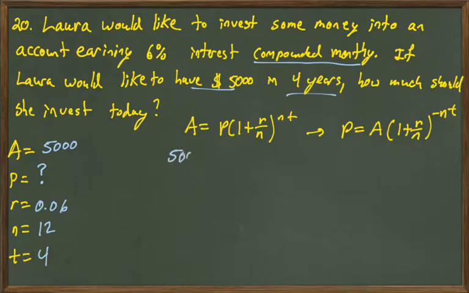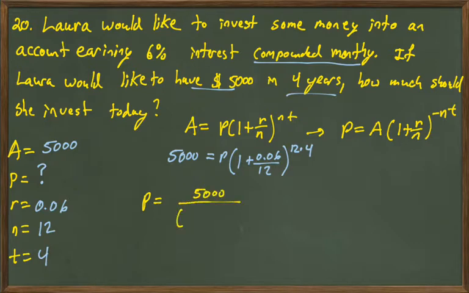Okay, A is 5,000. P is what we're trying to find. 1 plus 0.06 divided by 12 raised to the 12 times 4. So what we're going to go ahead and do is we're going to divide by this right here.